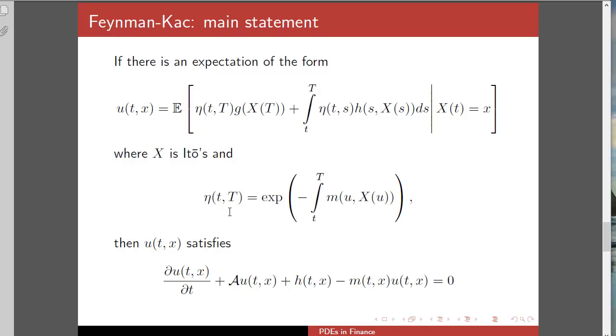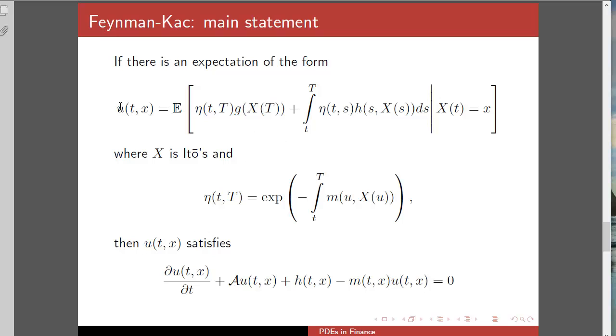Okay, so here is the main statement of Feynman-Kac. So if you have a more complicated expectation of this form, where of course the random process X is an Ito process, and this eta is defined using this, I call it the discounting term.